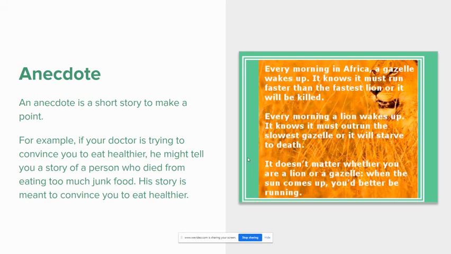And then anecdote. An anecdote is a story. An anecdote is when you tell a story in order to make a point. So if I don't want to lecture you about eating healthy, instead of telling you you should eat healthy, junk food is bad for you, you already know junk food is bad for you. Telling you that doesn't do any good.